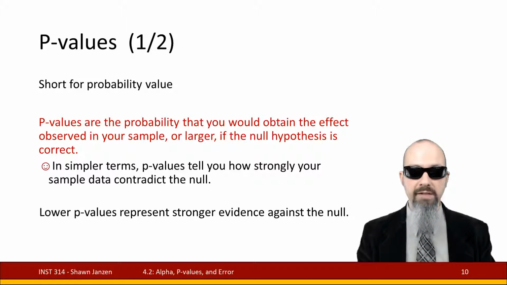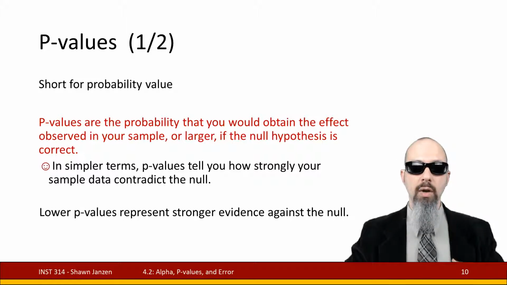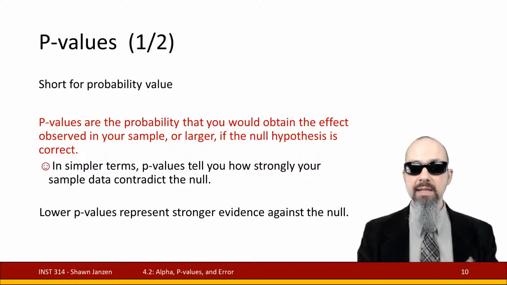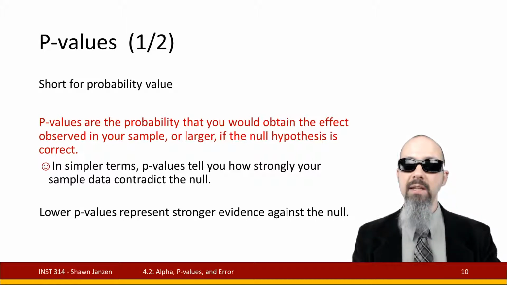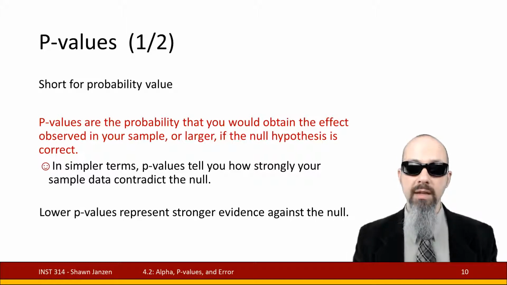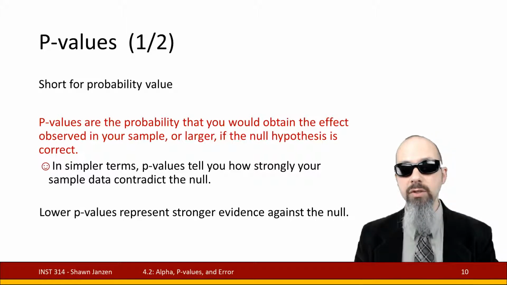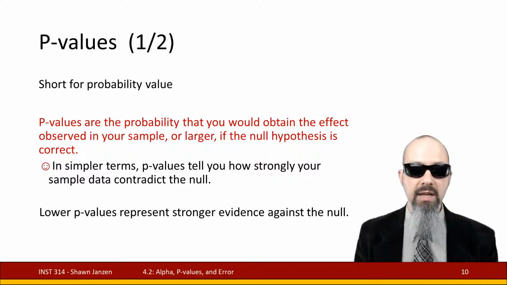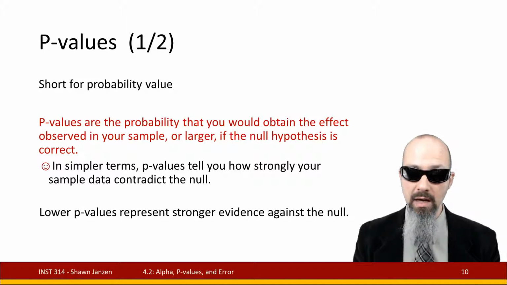You start off saying the null is true, you get some effect, and you get a probability that says this is the probability of getting the effect that I found, and it has some strength. The smaller the p-value, the smaller the probability you're going to find this if the null is true. And if that's the case, then the smaller the p-value, the stronger your evidence against the null.